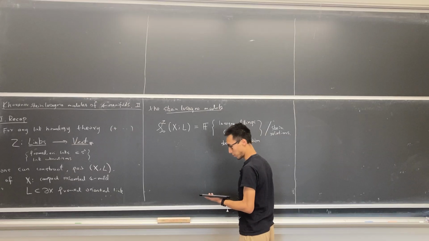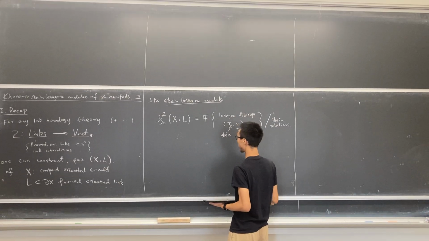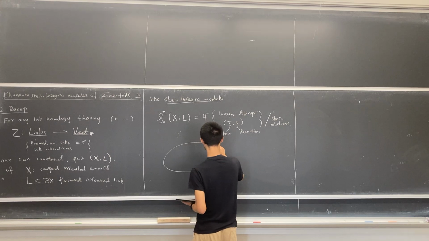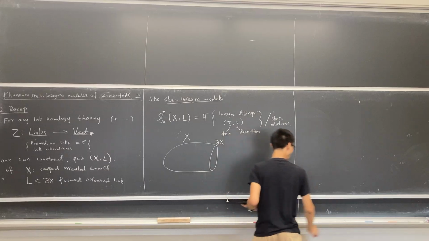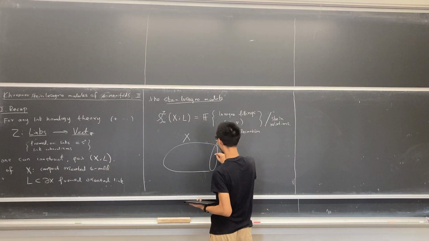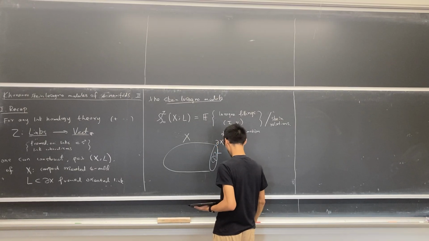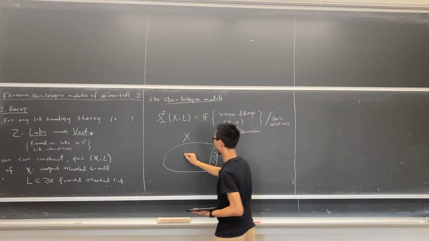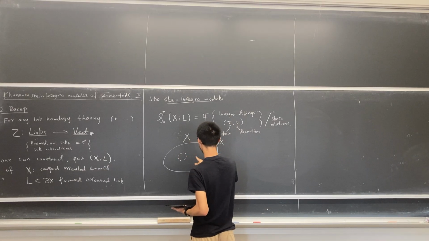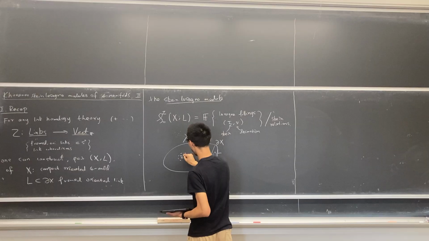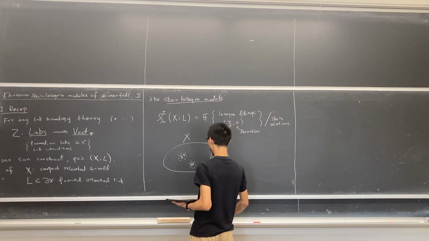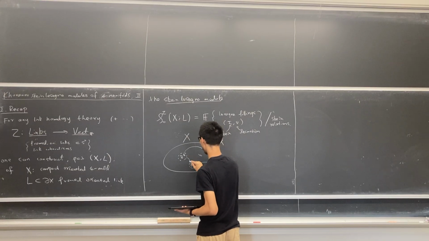The picture to keep in mind for a lasagna filling is the following. We have a four-manifold X, possibly with some boundary, and possibly a link L on the boundary. A lasagna filling is some surface embedded in X outside some finite number of balls that bounds the boundary link that was specified.